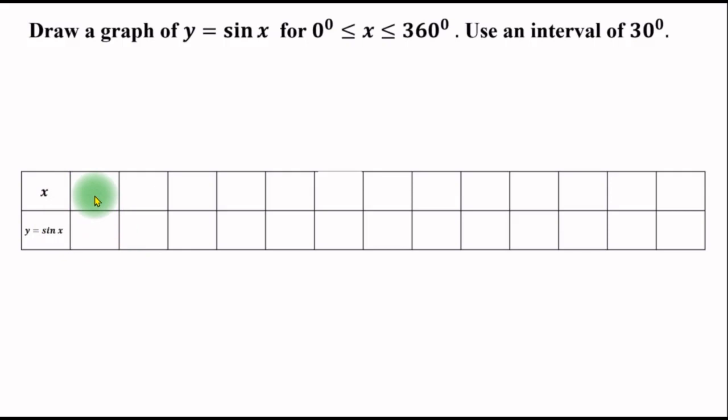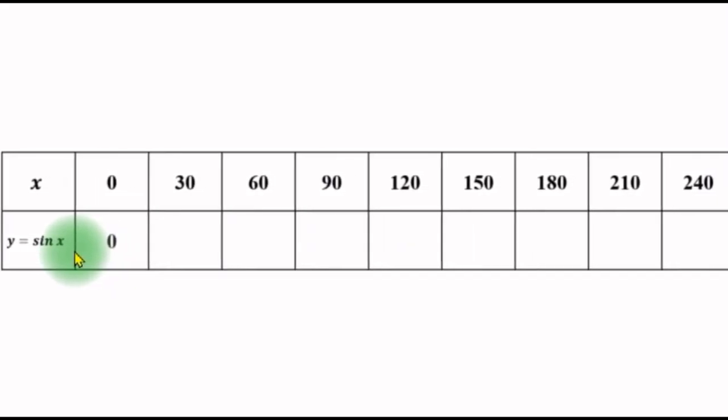In our case here, x is 0, then 30, intervals of 30, then 60, 90, 120, 150, 180, 210, 240, 270, 300, 330, and finally 360 degrees.